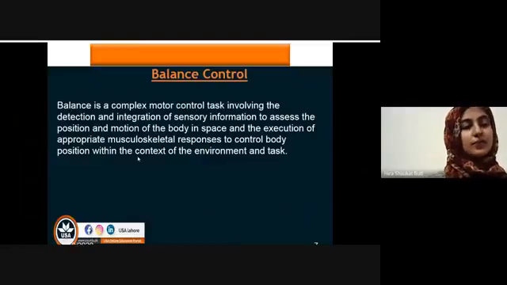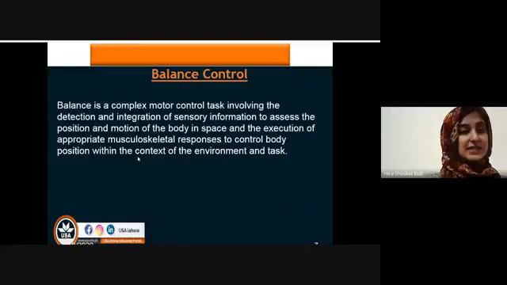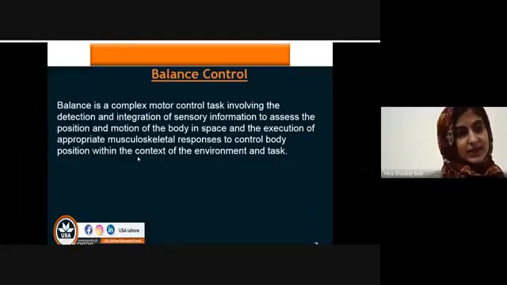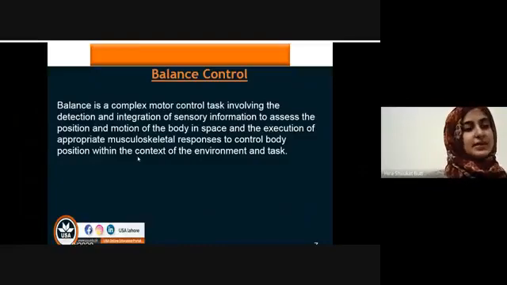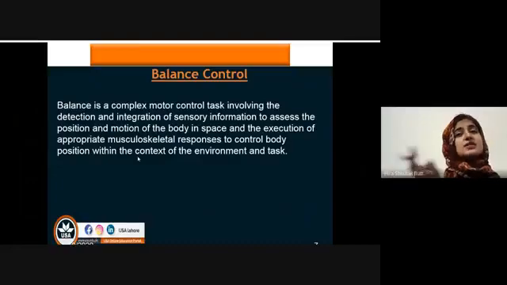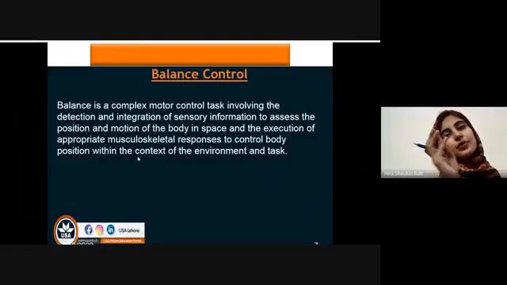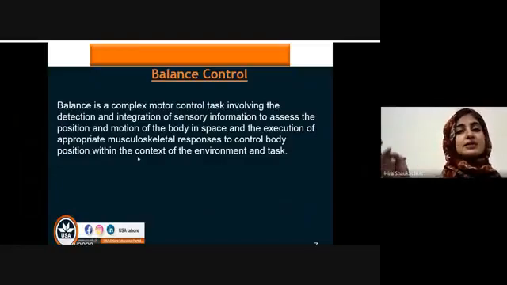Balance is a complex motor control task which involves the detection and integration of sensory information to assess the position and motion of the body in space, and the execution of appropriate musculoskeletal responses to control body position within the context of the environment of the task. So there is the nervous system, sensory processing and sensorimotor integration, then the musculoskeletal involvement: the proprioceptors, kinesthetic sensation, muscle flexibility and muscle control.